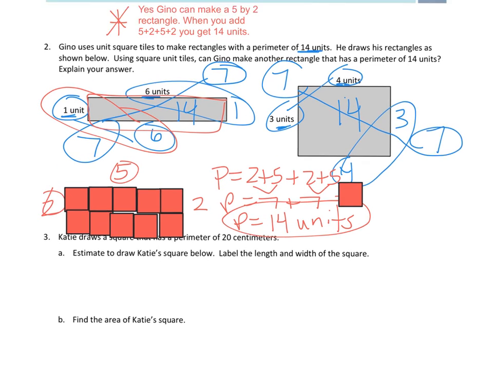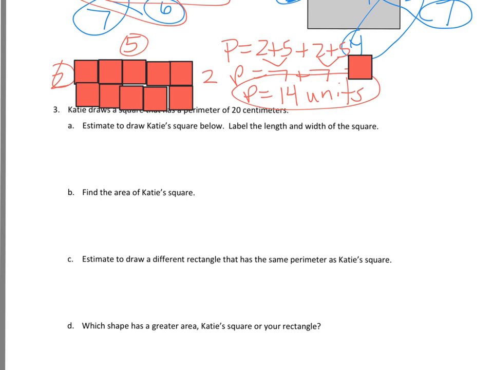Let's take a look down at 3. Katie draws a square that has a perimeter of 20 centimeters. Estimate to draw Katie's square below. Label the length and width of the square. So again, we're trying to find a way to get to 20 centimeters with this measurement plus this measurement plus this plus this.